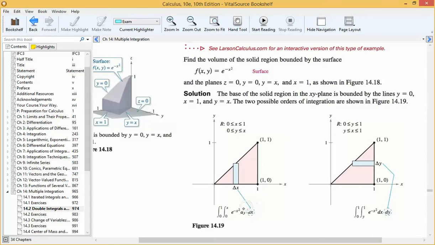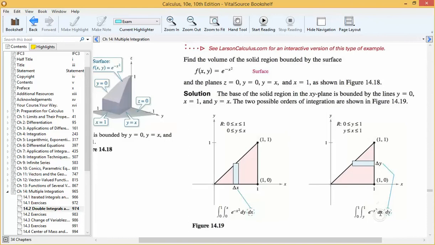If it's dy dx, remember, first you have to bound the y. Well, it's already given to you up here, but y is between 0 and x. And then you bound the x, 0 to 1.